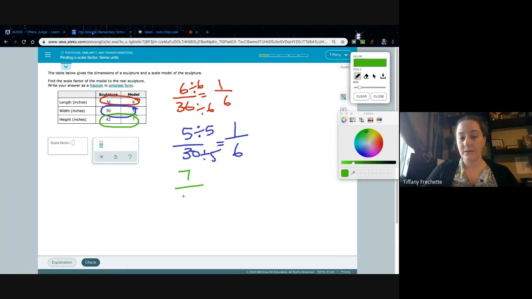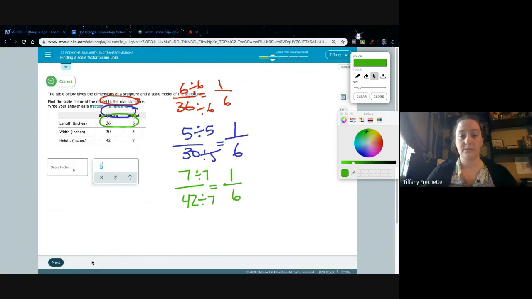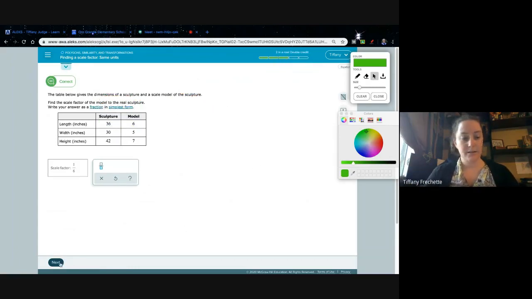So we have model, and then we have sculpture. So both of these can divide by 7. So we have 7 divided by 7 is 1. 42 divided by 7 is 6. So it looks like our scale factor is 1/6. Check. Yay, we're good. All right, clear.